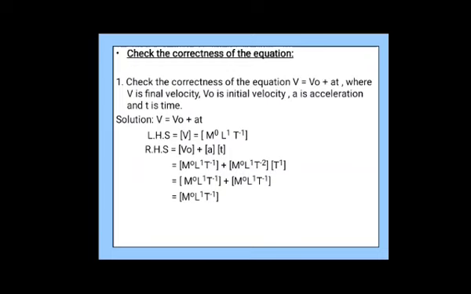So neglect that 2. When you add you will get 2 times only, but neglect that 2 and write this M raised to 0, L raised to 1, T raised to minus 1 only 1 time. Okay. Now check this RHS and LHS, both are same. So you will get LHS is equal to RHS. That's why the given equation is dimensionally correct.